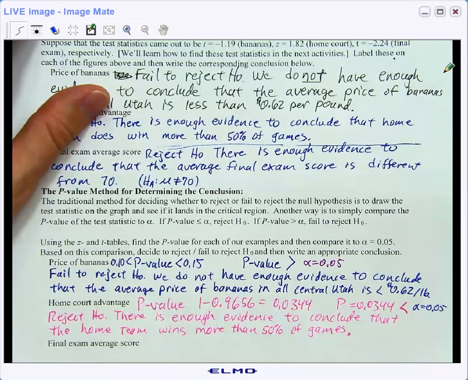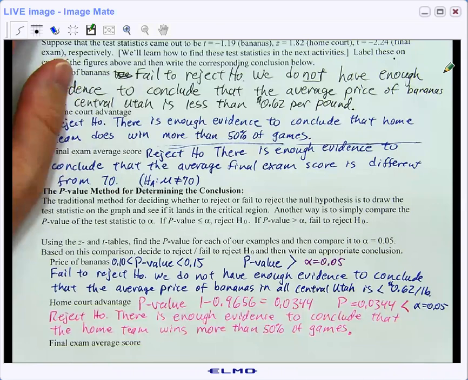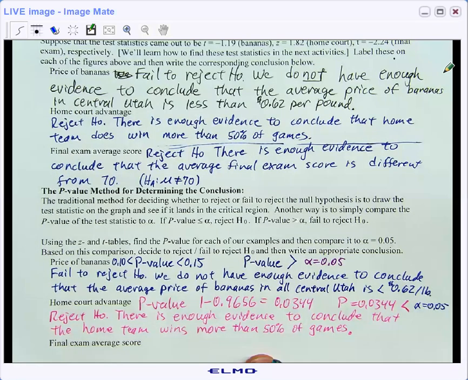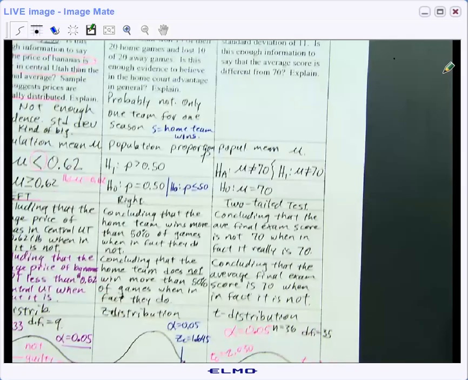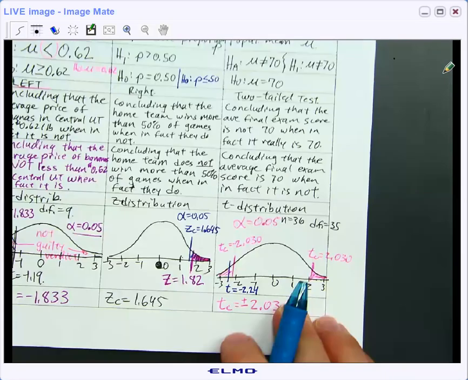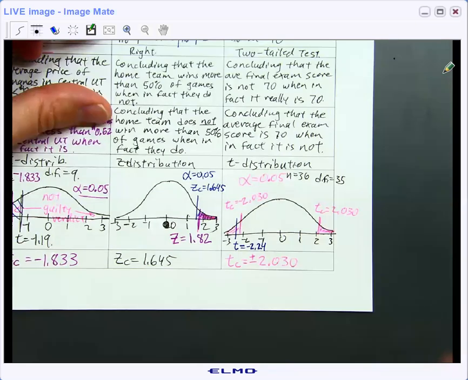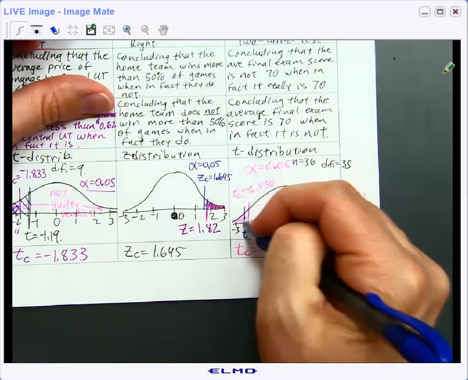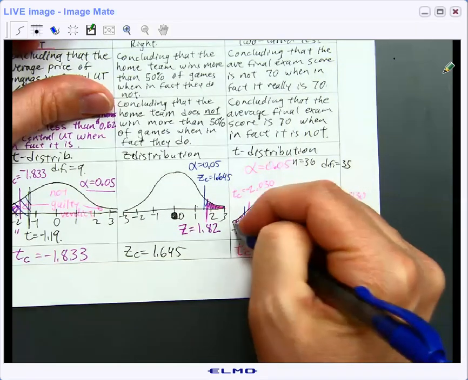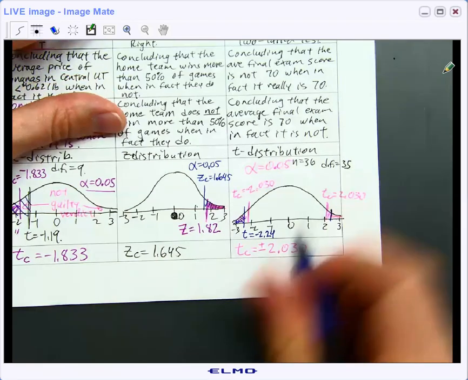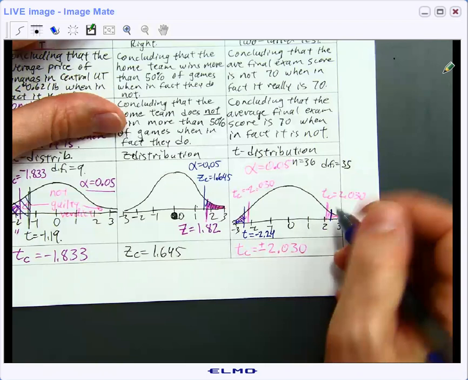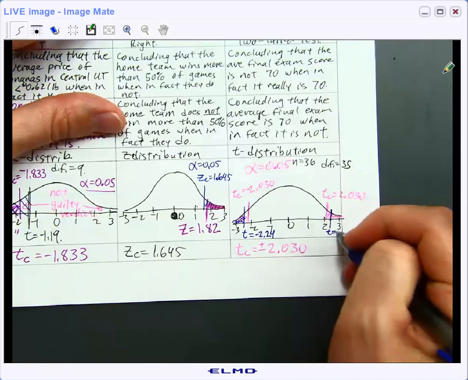All right, our last problem that we'll solve by the p-value method is to take a look at our two-tailed test with the final exam score data. Now here, on our two-tailed test, the area outside of the test statistic, since it has two tails, I'd actually have to do outside of negative 2.24 and outside of positive 2.24.